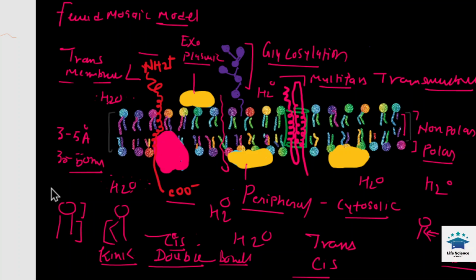The cell membrane has some physical properties: it is flexible in nature, and the second is its self-sealing capacity. If we want to remove a peripheral protein from the plasma membrane, we have to treat it with salt.